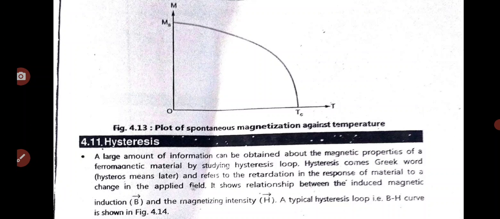In the figure, the magnetizing intensity H is placed on the horizontal axis, and the magnetic field induction B is shown on the vertical axis.